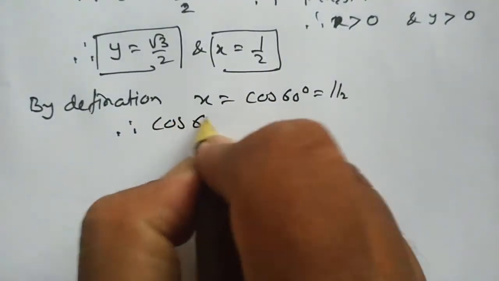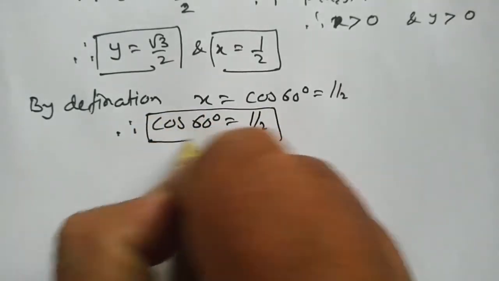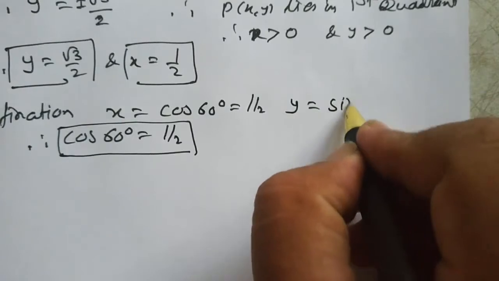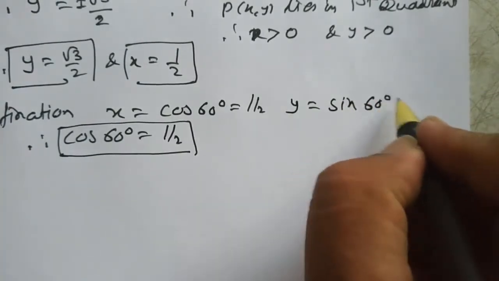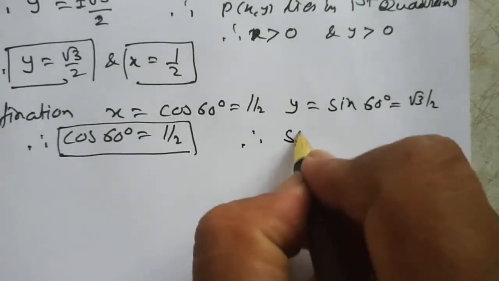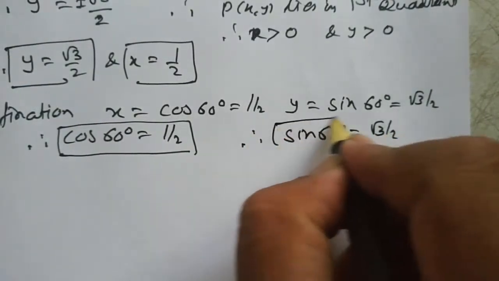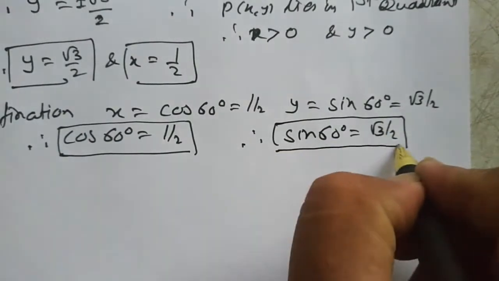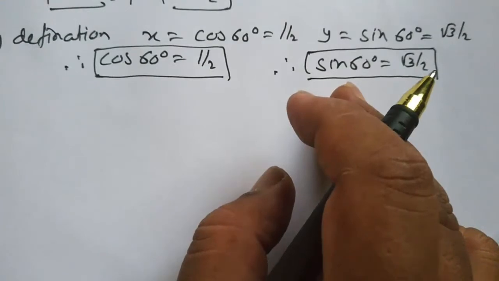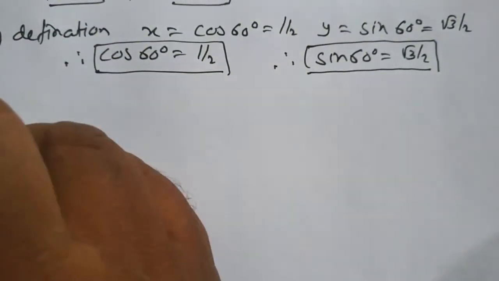Therefore, cos of 60 degree is 1/2. y is equal to sine of 60 degree, it is root 3 by 2. Therefore, sine 60 degree is root 3 by 2. If we know these first two trigonometric ratios, we can find all other remaining trigonometric ratios.